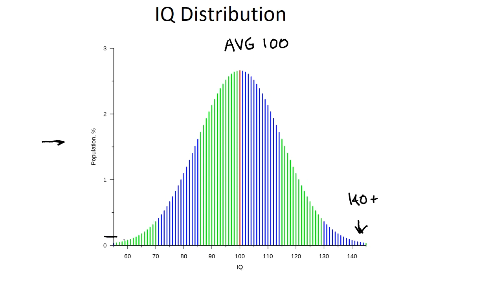And very low IQs, same thing. Not very many people with IQs below 60. And you can see from this, the whole foundation of statistics is really the frequency distribution. You really need to understand this.